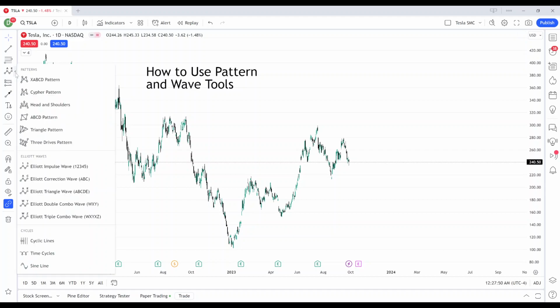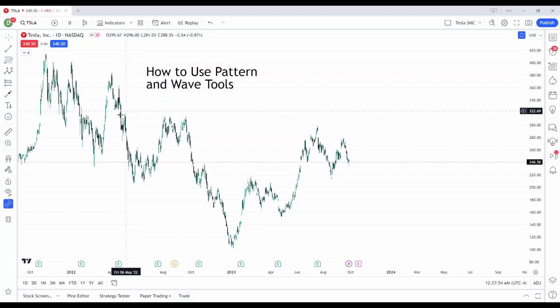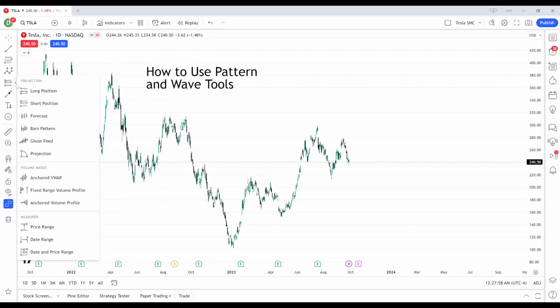So that's going to be it for the patterns and wave tools section of our tutorials. In the next video, we'll be talking about using your projection tools, your long position, your short position. There's tools for forecasting if you want to draw what the next candlestick might look like, or you want to grab a segment of bars and then project them.